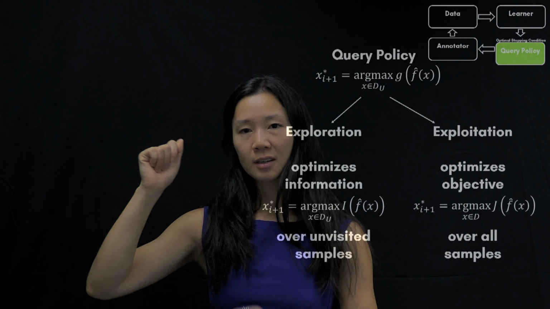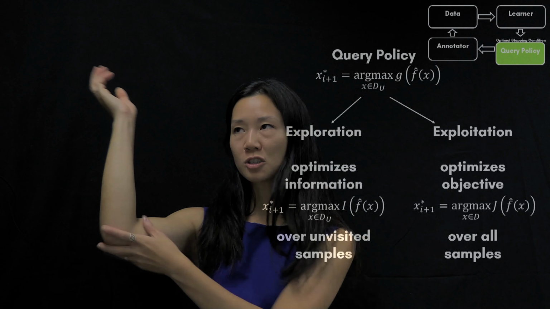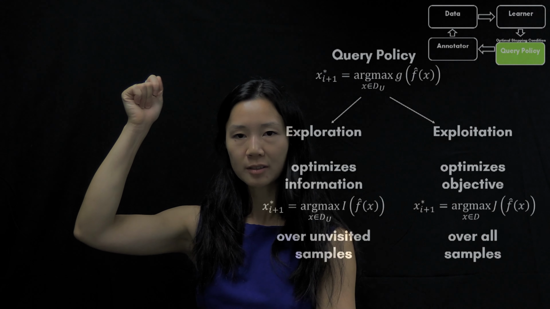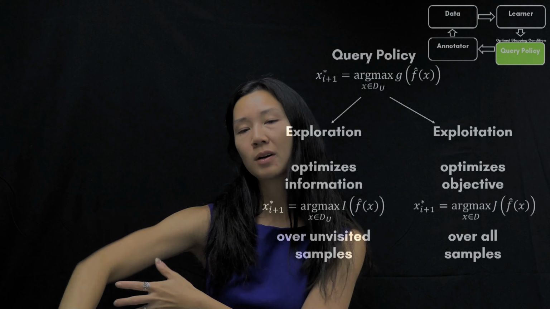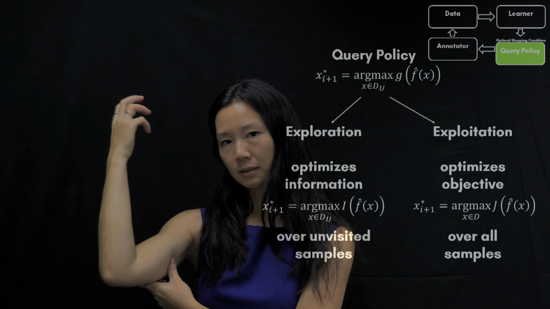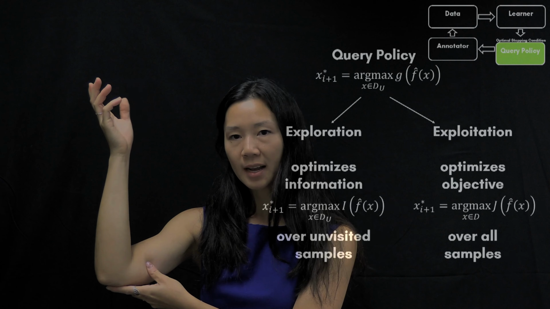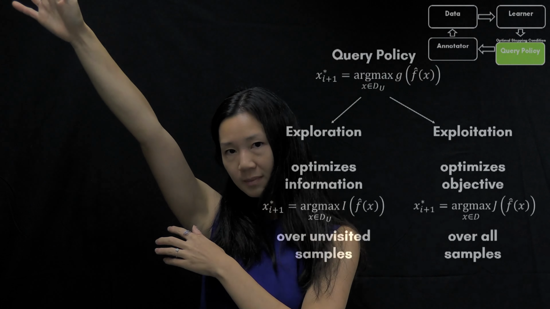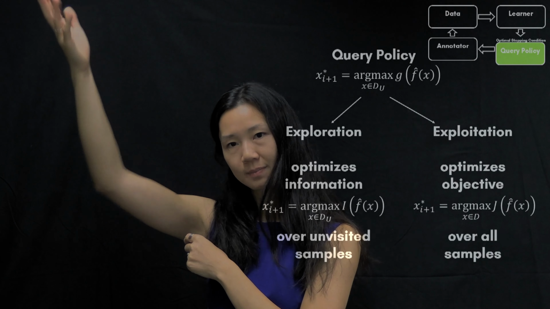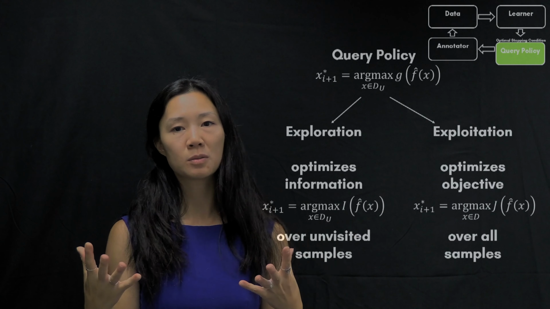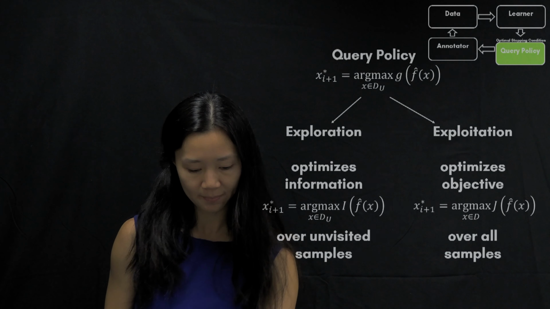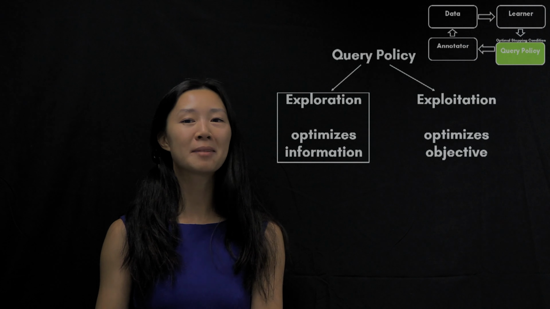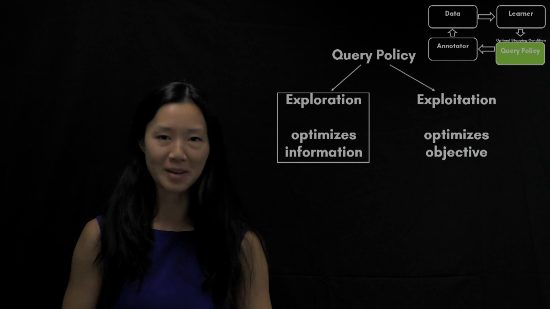For exploitation, let's say the objective function J is just that I want my hand to be as high as possible. Well then, I wouldn't really want to explore all of these different joint angles that don't put my arm up high. I will go directly into the arguments, the joint angles, that put my arm as high as possible. So that's the difference between exploration and exploitation. And for this video series, we are specifically going to optimize for exploration or information.